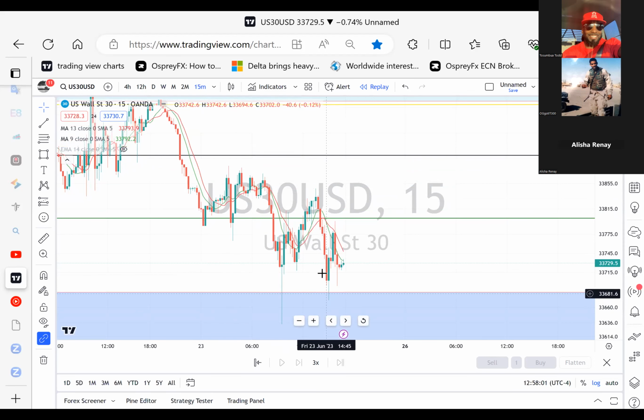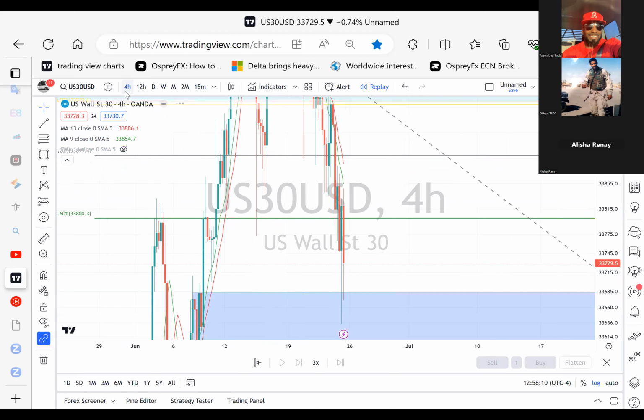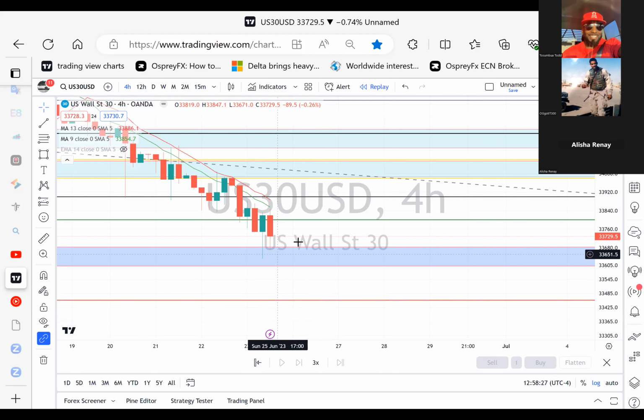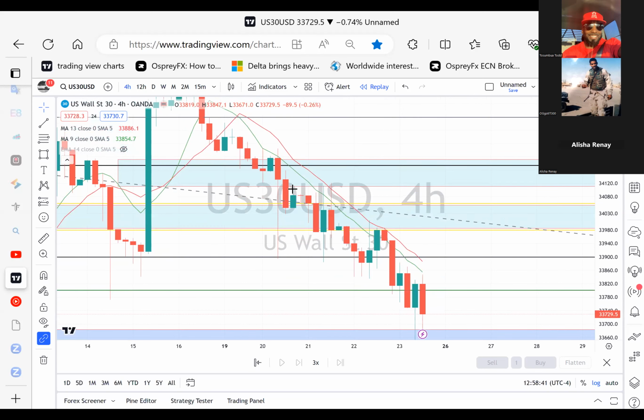It's already rejected. This is probably a 78. Maybe there's a possibility that you just get a green candle, it makes a bullish order block right here, and then a pullback, and then it breaks through these moving averages. But if you can get price to push down a little bit, that'll be awesome too. I don't know if it'll revisit, but I would definitely look for that.